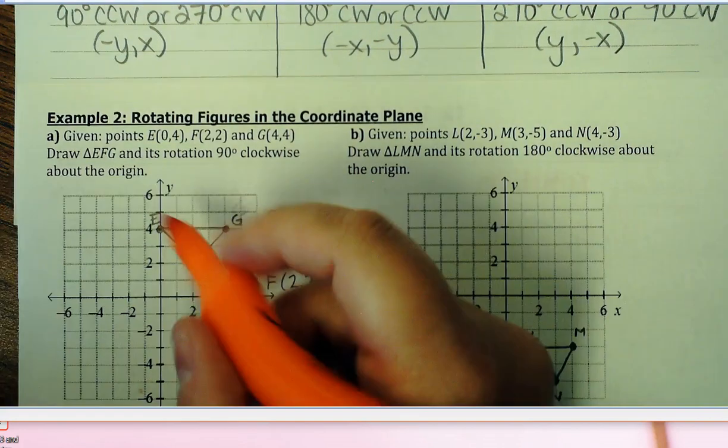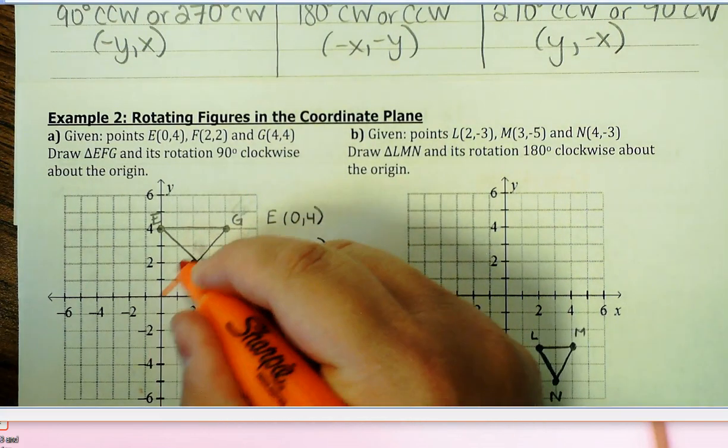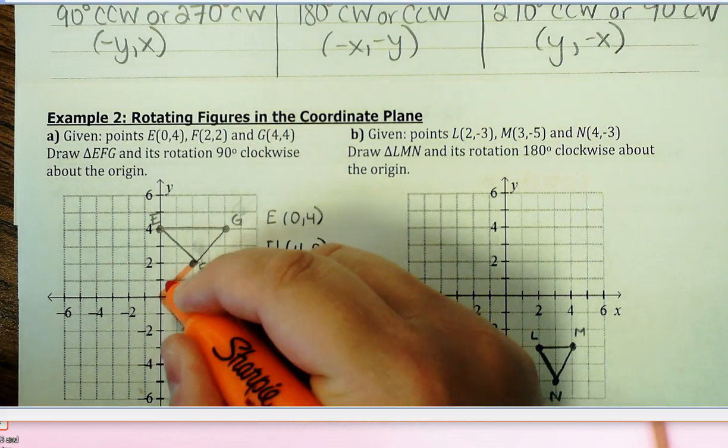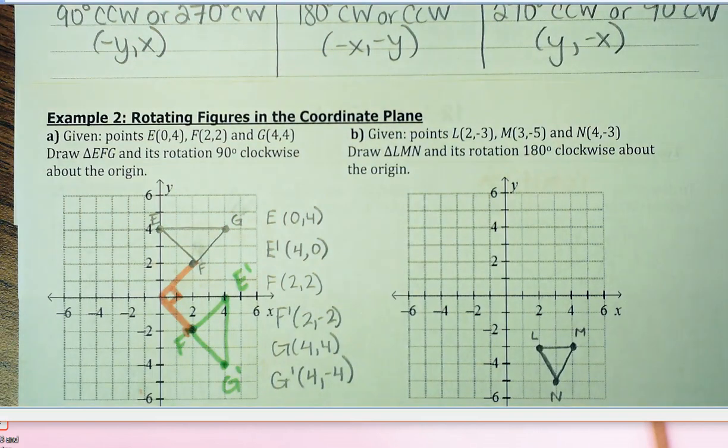So here's F, which I'm going to connect with the origin. Here's F prime, also connected to the origin. And you can see right there that makes a 90-degree angle. You could do that with each of the points. I'm just going to illustrate it for that one so you can see that 90-degree rotation.